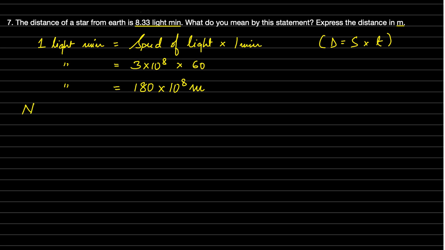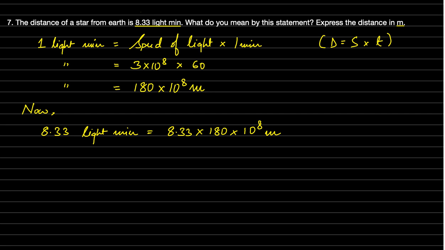Now 8.33 light minute will be equal to 8.33 into 180 into 10 to the power of 8 meters.